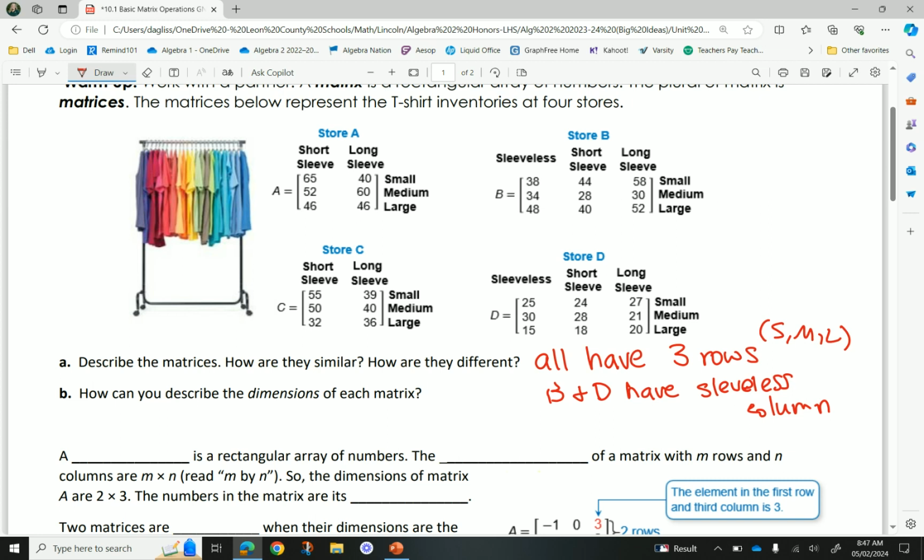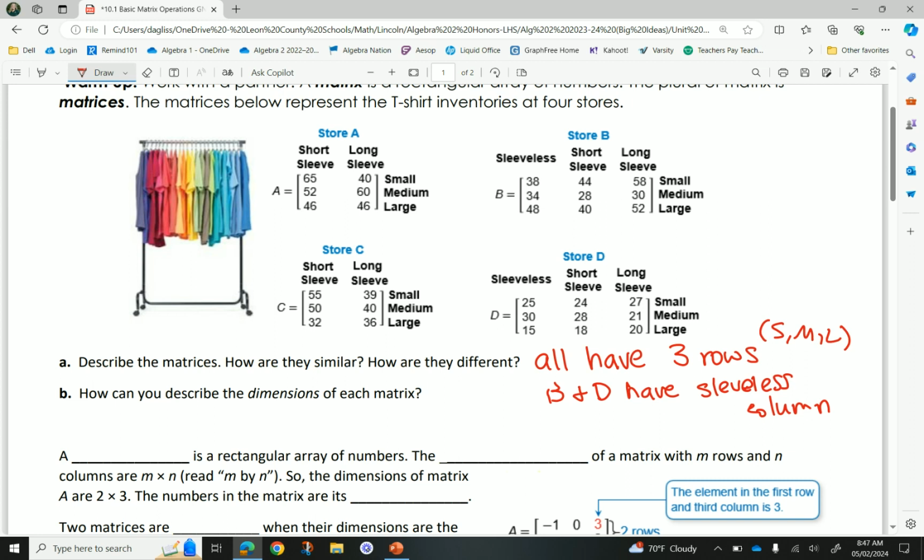If you ever have to go buy lumber at Home Depot, if you build something, wood typically comes in, have you heard of a 2 by 4? That's 2 inches by 4 inches, right? That's what those numbers are representing, the height and the width of that piece of wood. Dimensions of our matrix describe the same thing.